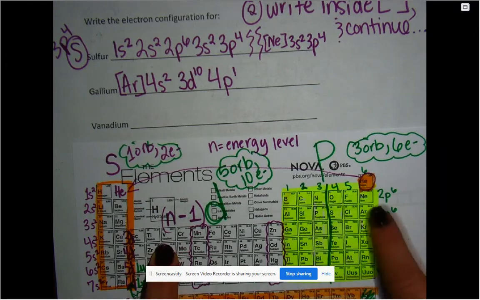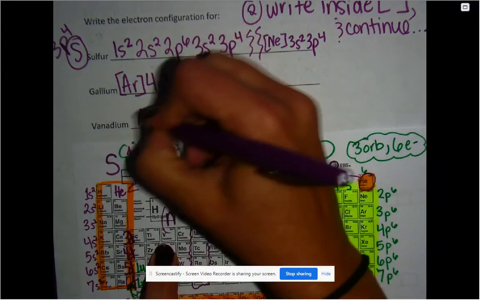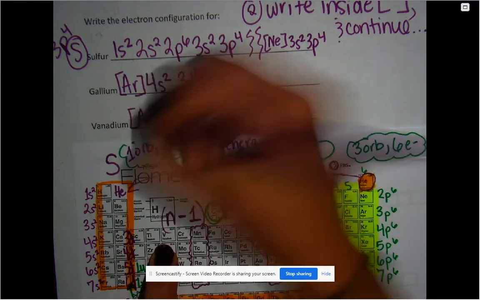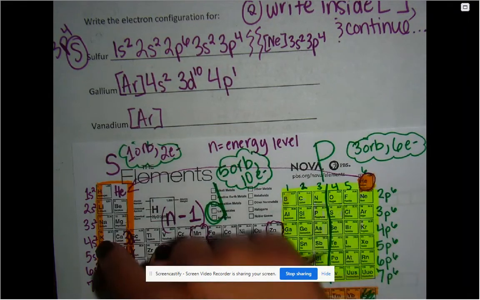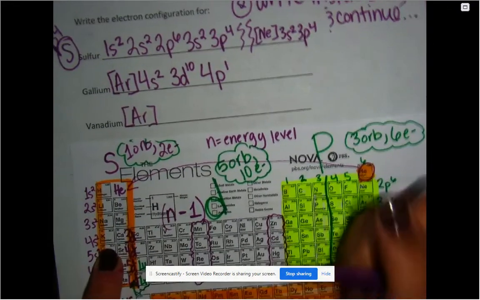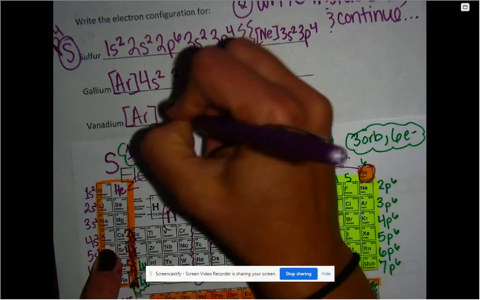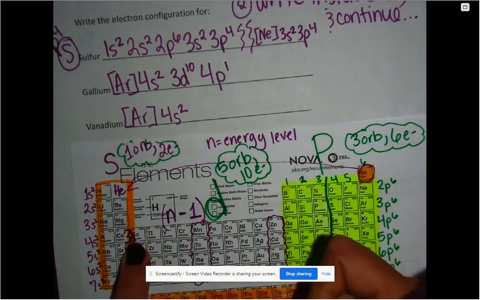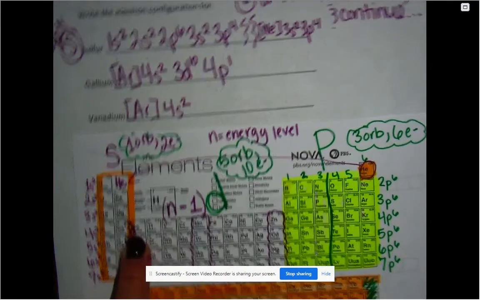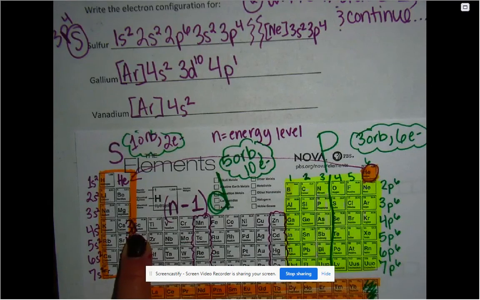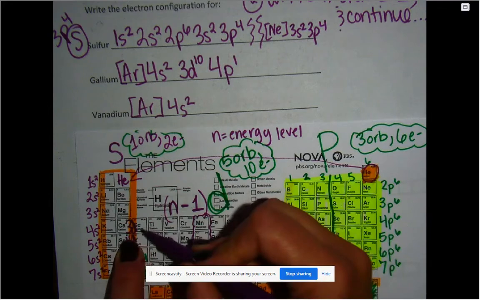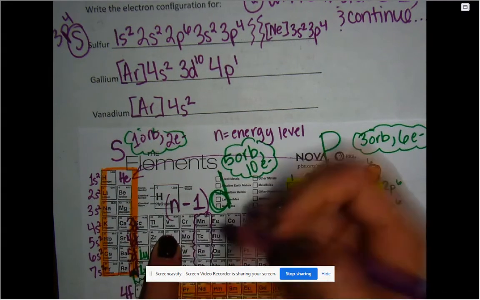We're going to start with argon again. So we're going to put argon into brackets. And then we're going to continue. So we're going to come to the next row. We're going to say 4s2. And then what? 3d3. Exactly. You count it over. 1, 2, 3.